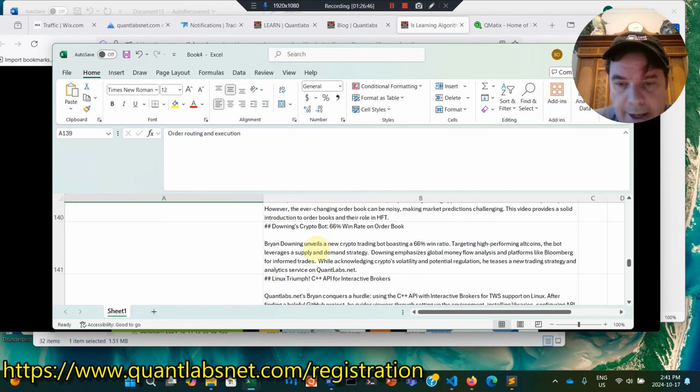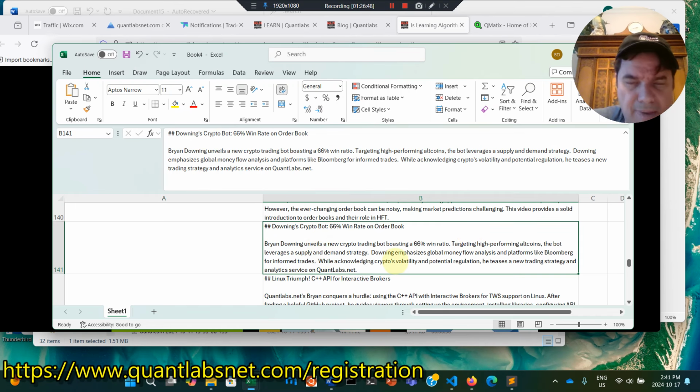Here, I worked on that with crypto using Binance back in the time when you could do it. As it said, the go-go days when Bitcoin went from 20 to 60,000 in a couple of months. A new crypto trading bot boasting a 66% win ratio because of the high momentum that time range brought. High performance altcoins, the bot leverages a supply and demand strategy.